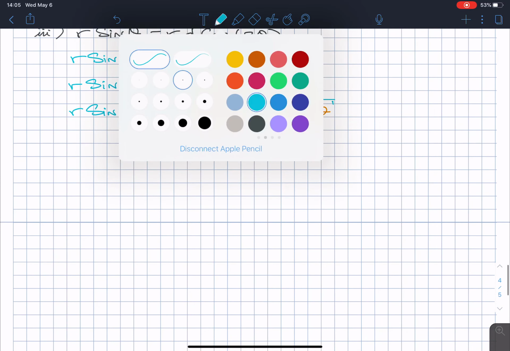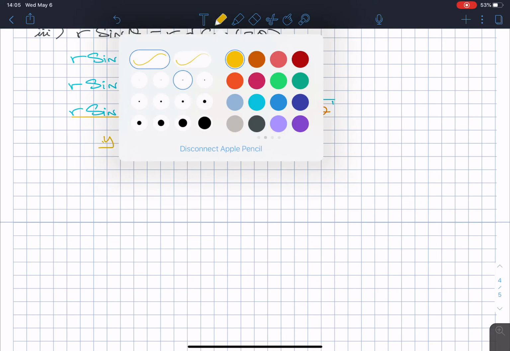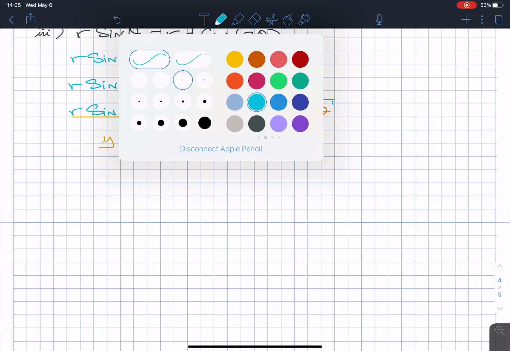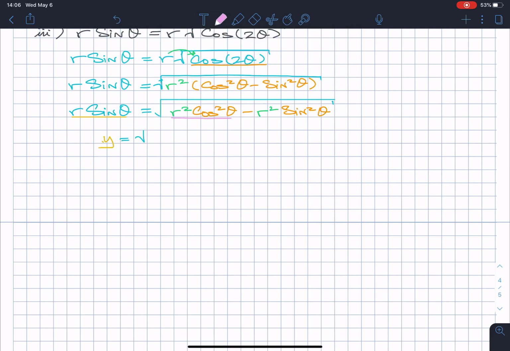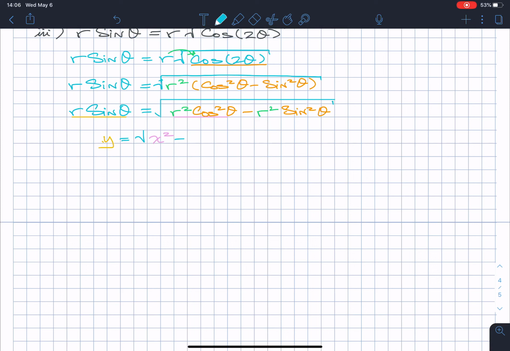Okay, so on the left, I know r sine of theta is y, is equal to the square root of, on the right, what color shall I use? Pink. R cosine theta is x, so this is x squared minus, and r sine of theta is y, so this is y squared.